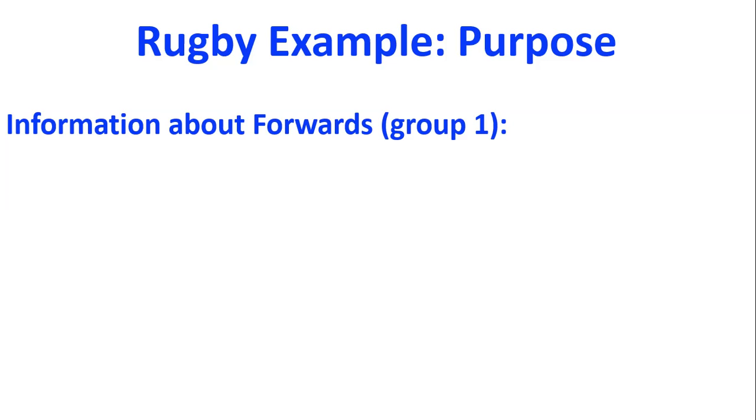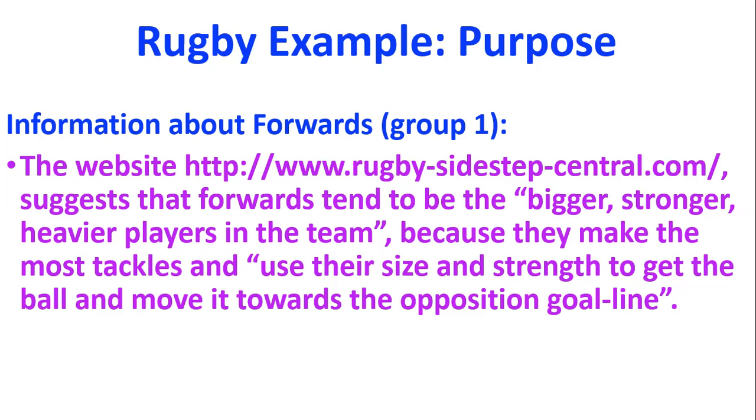So now I'm going to go and look at this in more detail and look at the forwards. So this is my first group. I'm going to find out some more information about this, do some research. And so I've gone to this website, and they suggest that forwards tend to be bigger, stronger, heavier players in the team.